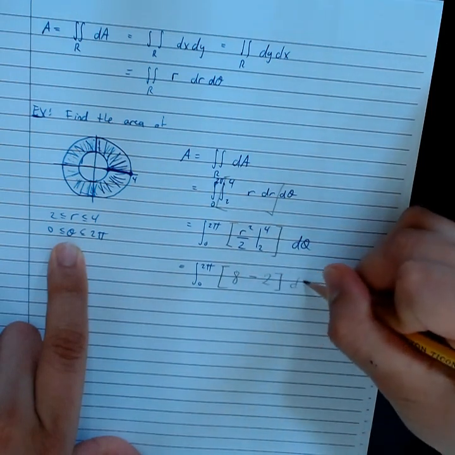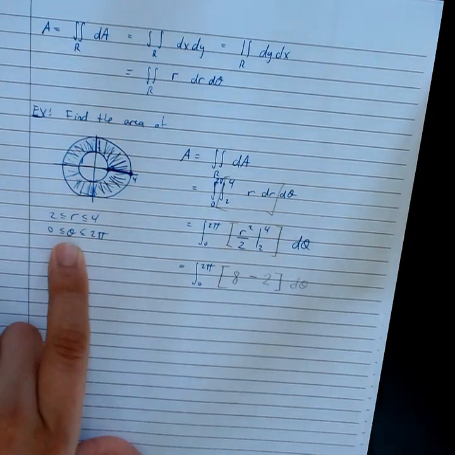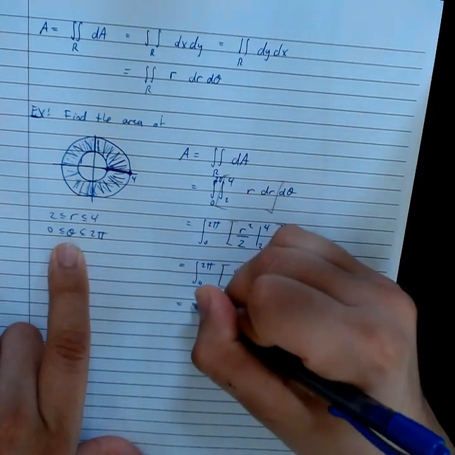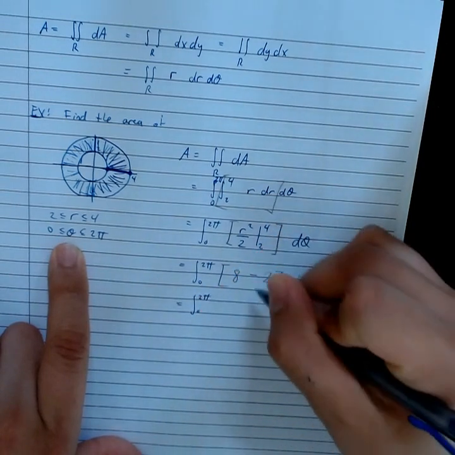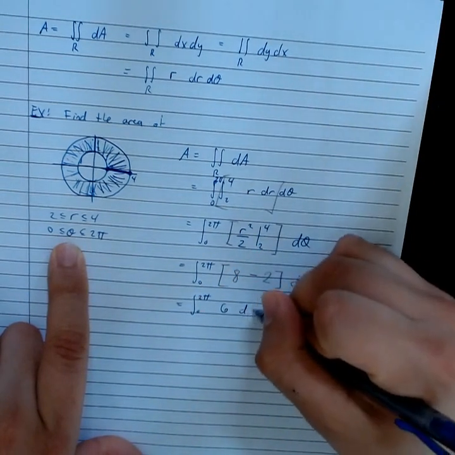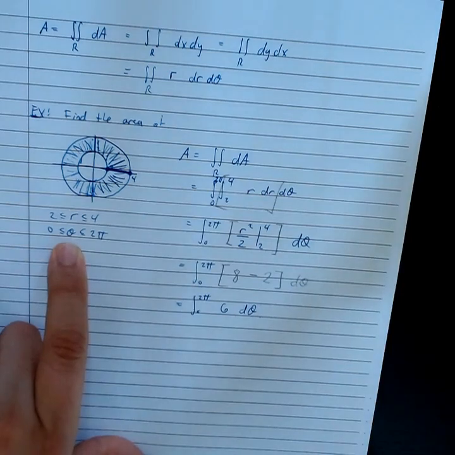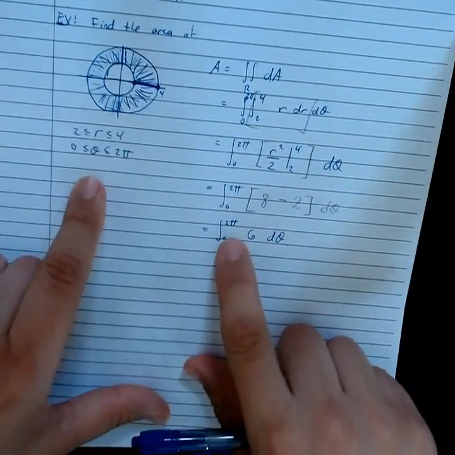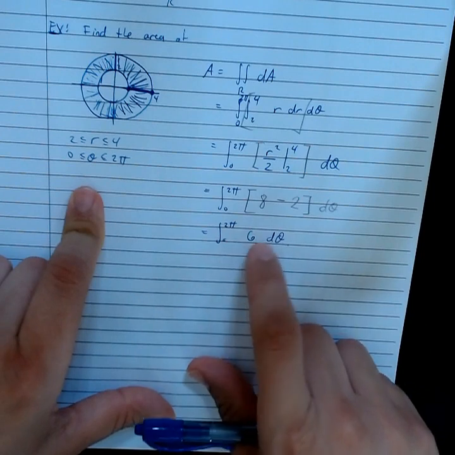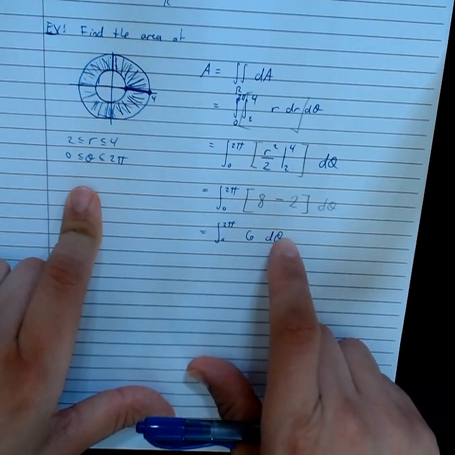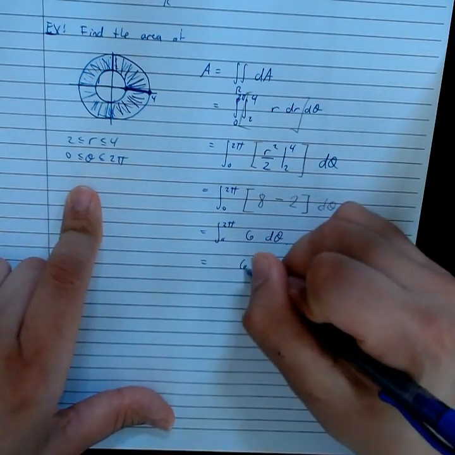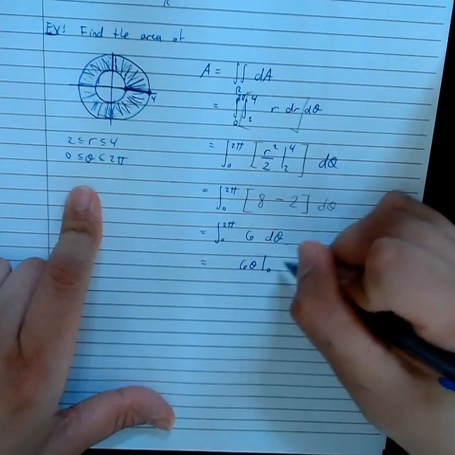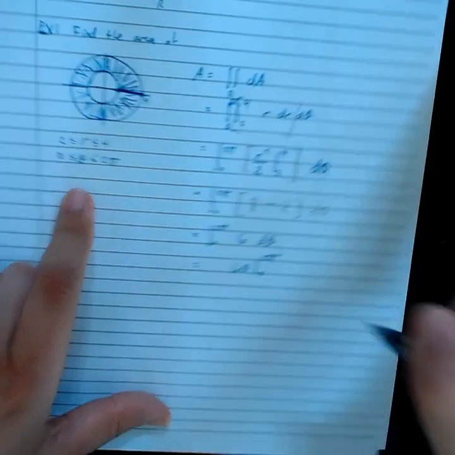So that's just going to give us 6. So that's going to give us the integral from 0 to 2 pi of the number 6 d theta. Now we can take the integral of a constant with respect to theta. That'll just give us 6 theta, from 0 to 2 pi.